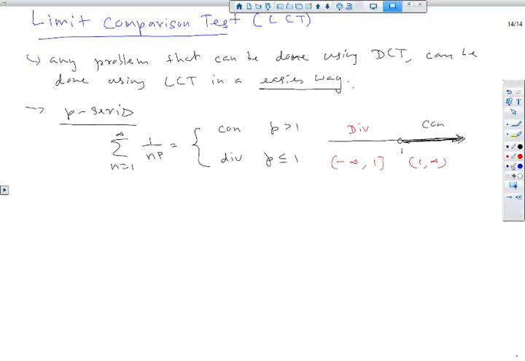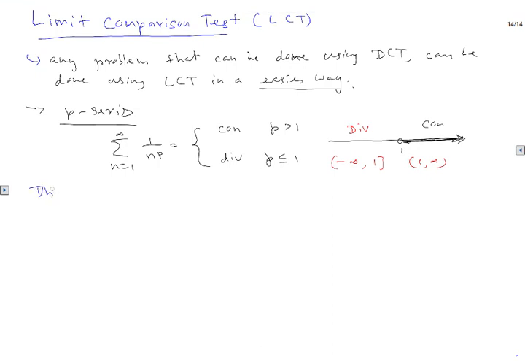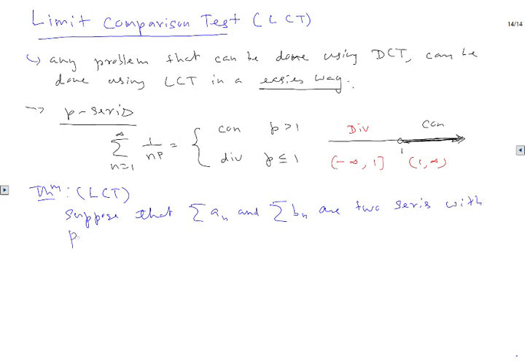Okay, so let's state the theorem. It is the limit comparison test. Suppose that sigma an and sigma bn are two series with positive terms.